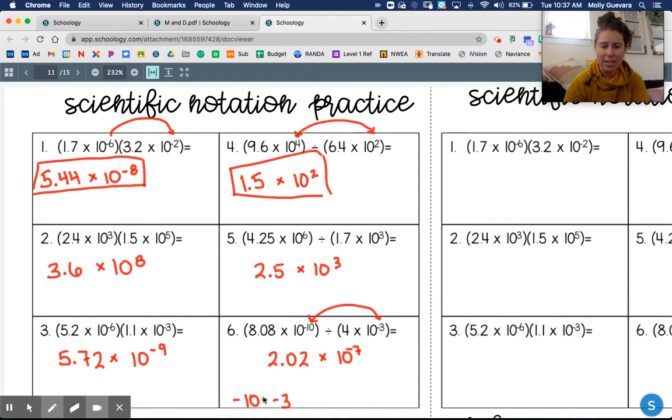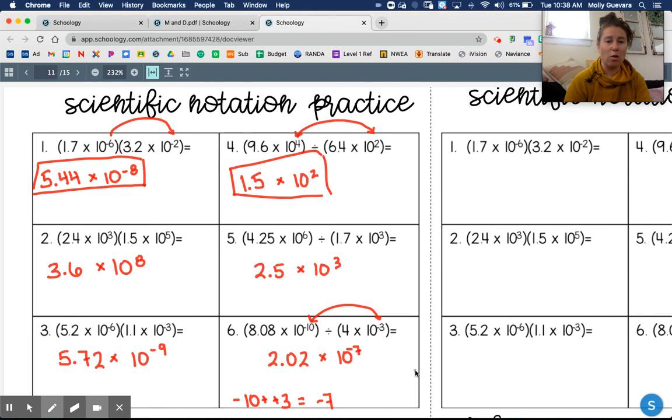So I actually get a double negative here, which turns it to positive, and that's how I got negative 7 as the exponent on the 10. So you just want to make sure that you are really, really careful when you're subtracting, because if you subtract a negative, you're going to get that double negative, which ends up giving you a positive.